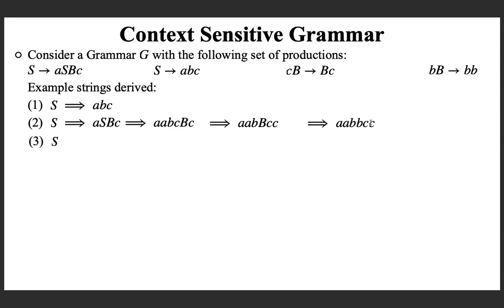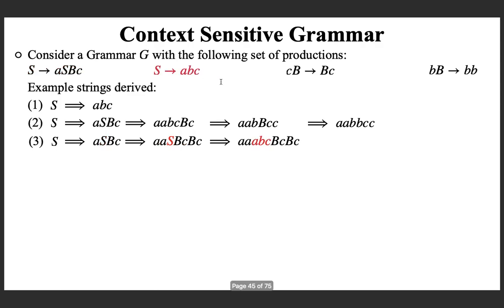Now look at another derivation where we start with the start symbol, apply the first production, you will get this. Now try applying the same production again. This is what you are getting. Here this capital S is replaced with RHS of this production. Now to get rid of the capital S, I have to apply production number 2.